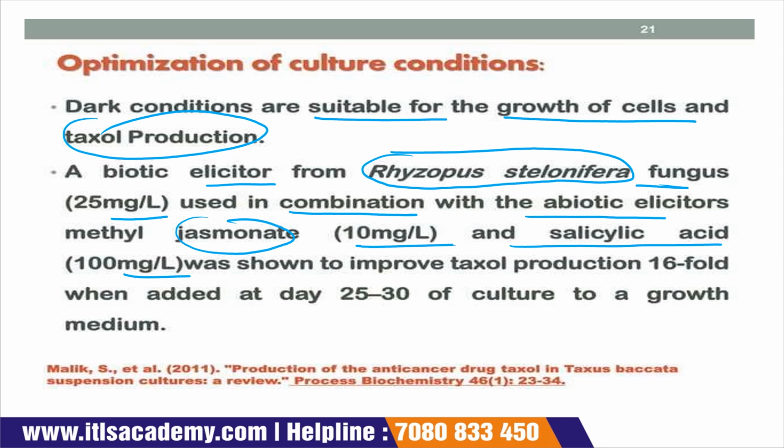These are shown to improve Taxol production around 16-fold when added on day 25 to 30 of the culture growth medium. So this is the optimization of the culture conditions.